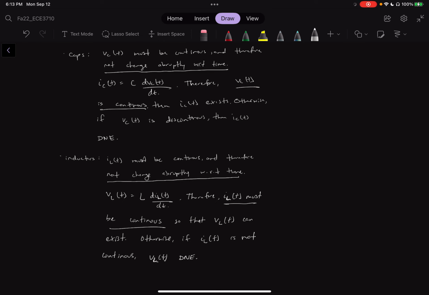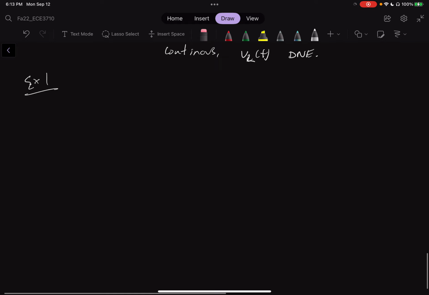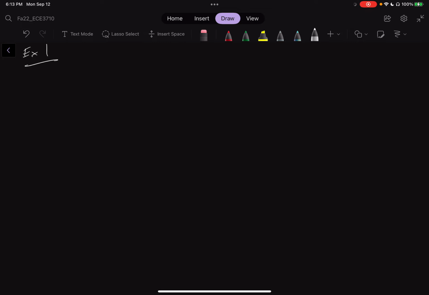Now, let's look at DC steady state behavior and the continuous behavior and understanding in an example problem. Sorry for the tongue twisting. Example number 1. Let's say we have a current source pointing up.